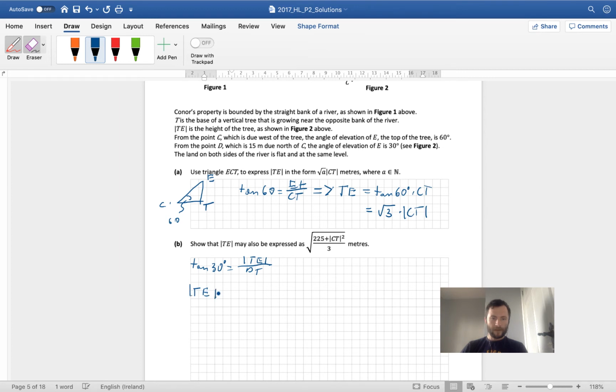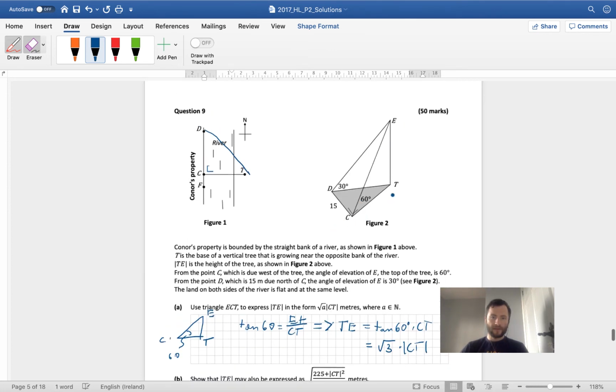So the length of TE is equal to tan 30 times the length of DT. So tan 30 is 1 over root 3, so that would be DT all over root 3. Okay, so let's figure out how we can get DT from here.